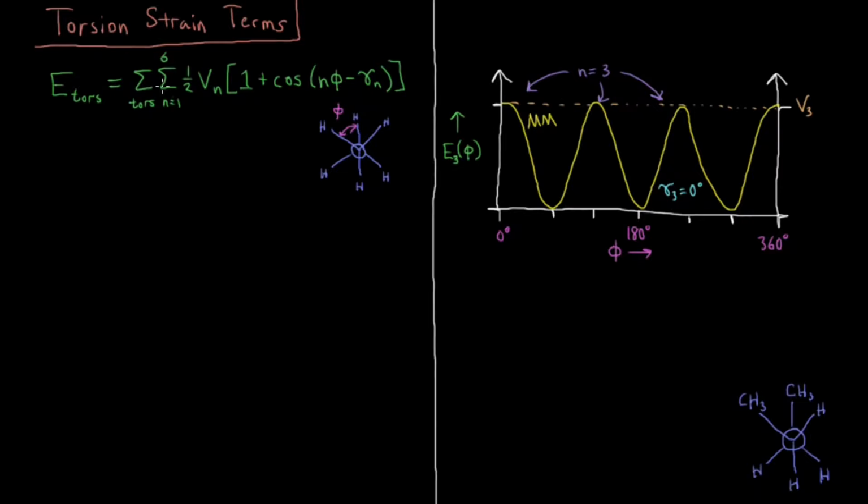Usually there's only a few of them that are included, usually only one, of 1/2 times a parameter Vn, which is the strength of the barrier to rotation, times 1 plus the cosine of n from our sum here, times the dihedral angle or the torsion angle phi, minus a parameter gamma n, the displacement or offset of that angle. And then summed from n equals 1 to 6, sum over all of torsions.